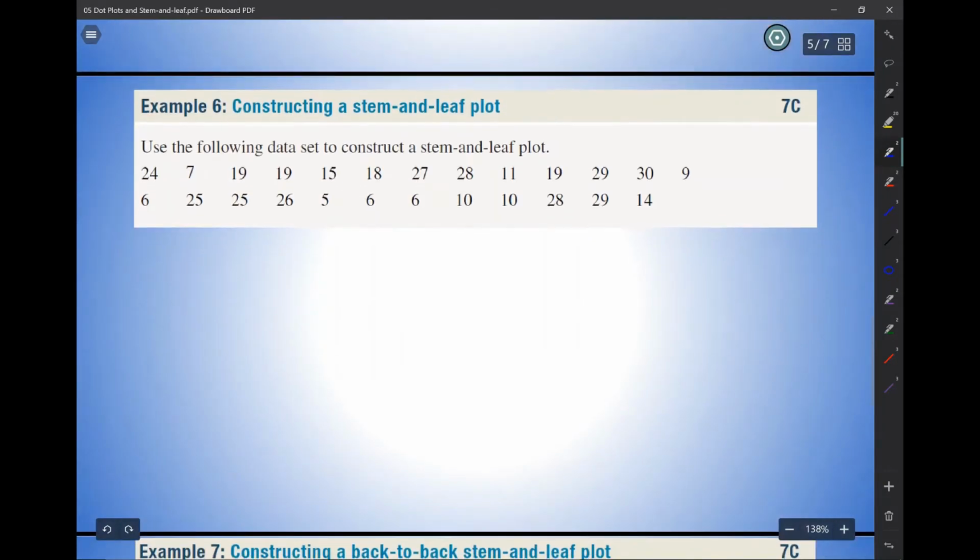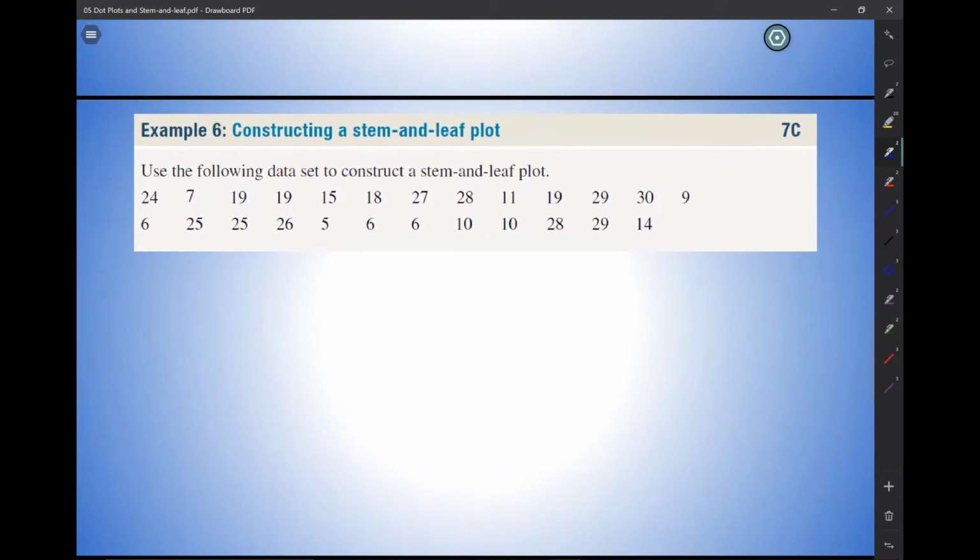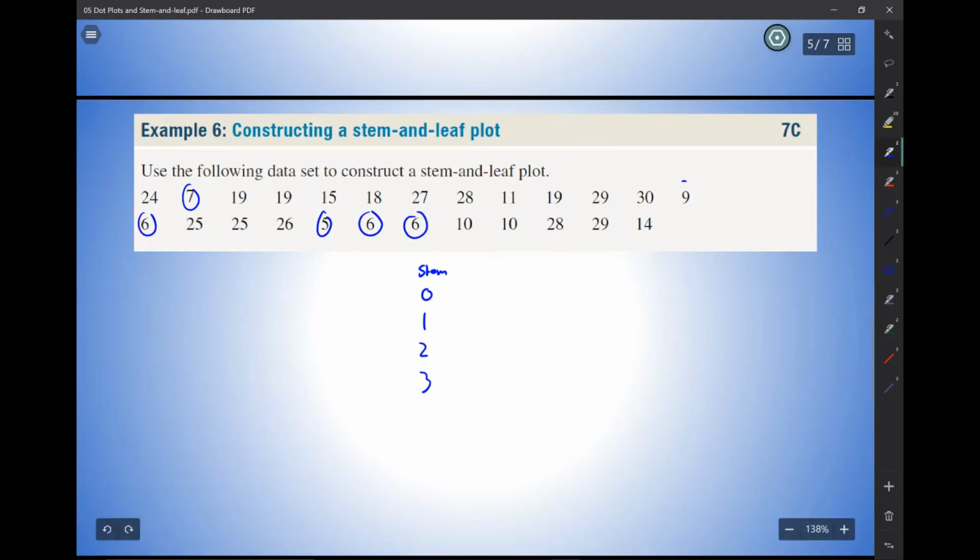Let's look at a quick example. So we have our stem down the middle, which goes up to 30. Now we need to look through and find all the single digits. And then we write them in order, preferably.